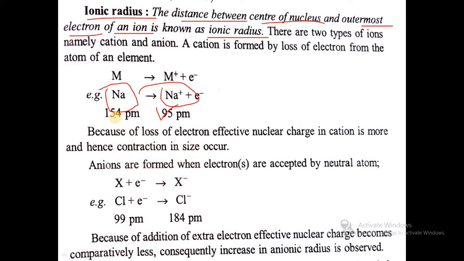So sodium shows 154, but the ionic form shows 95 picometer because the outermost electron is given out. With loss of electron, the effective nuclear charge in the cation is more, and hence contraction in size occurs in Na+.